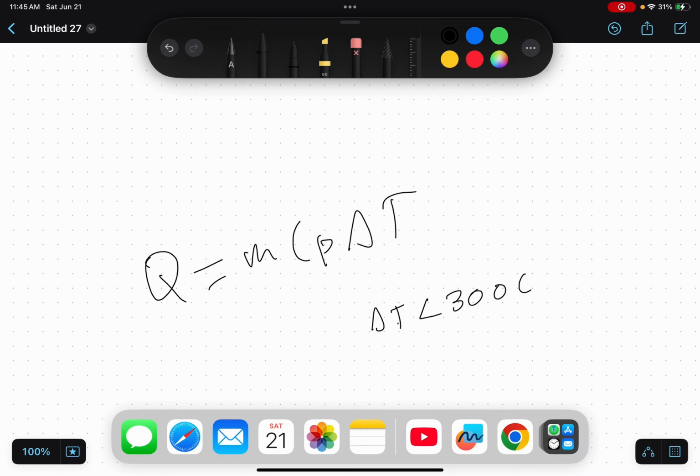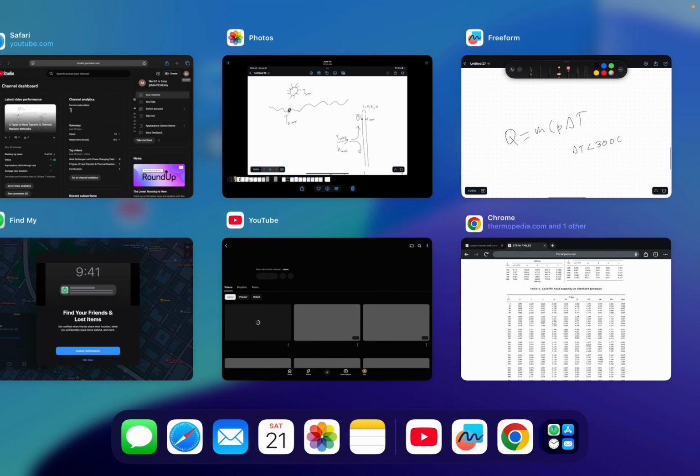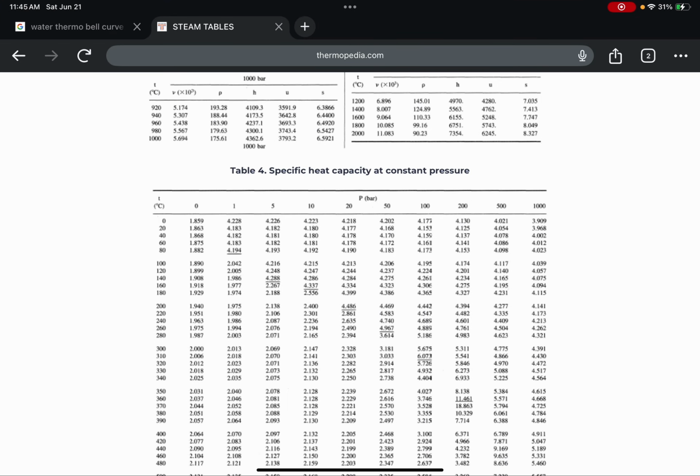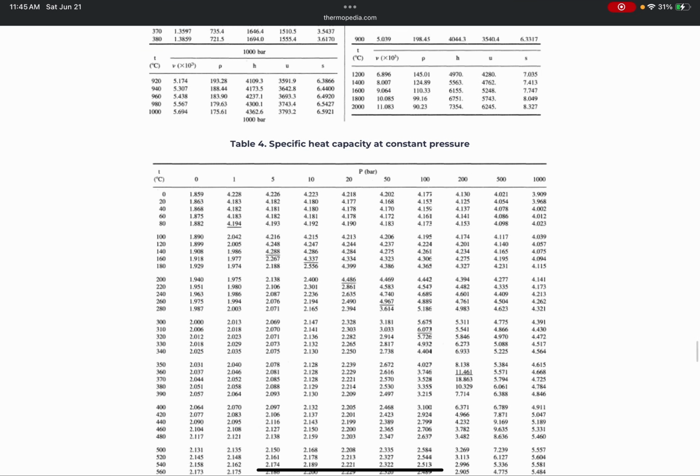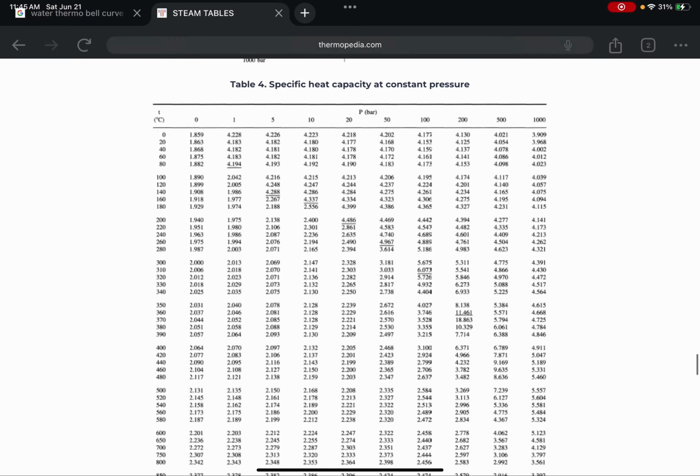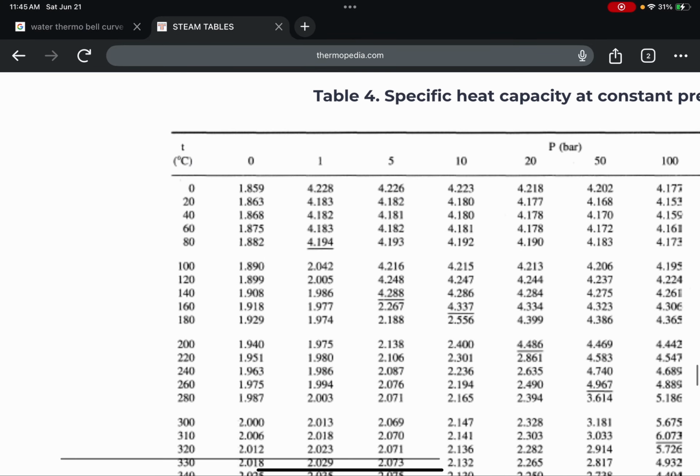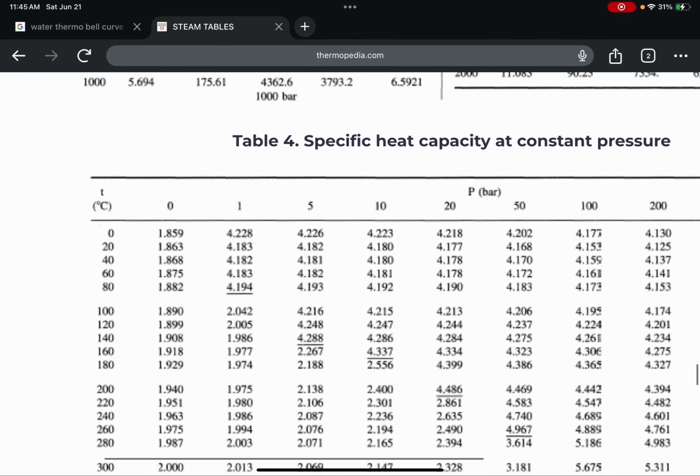But if you have a huge change in temperature, like say 1000 Celsius, Cp changes based on temperature. It's a function of temperature. And if your delta T changes by too much, assuming a constant Cp won't get you an accurate answer. So for example, let's say we're at 0 Celsius, 1 bar.